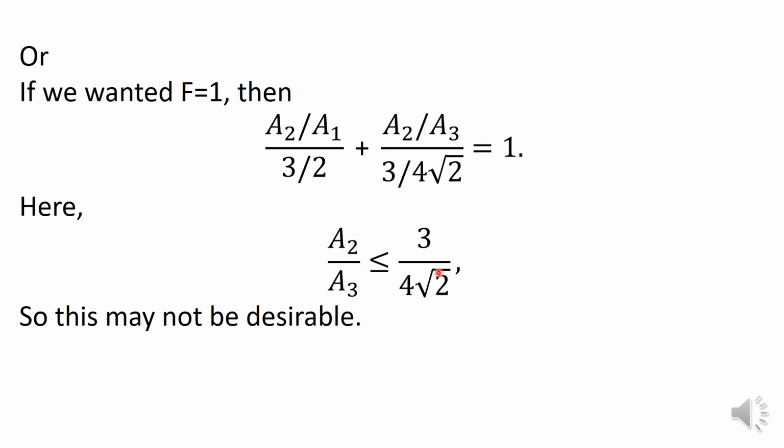So this may not be desirable. We don't want an a3 larger than the a2. So again, you can try different values of f and see if it allows convenient values for the ratio of cross sections.